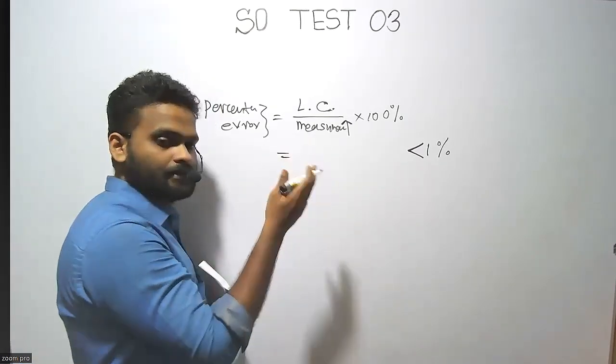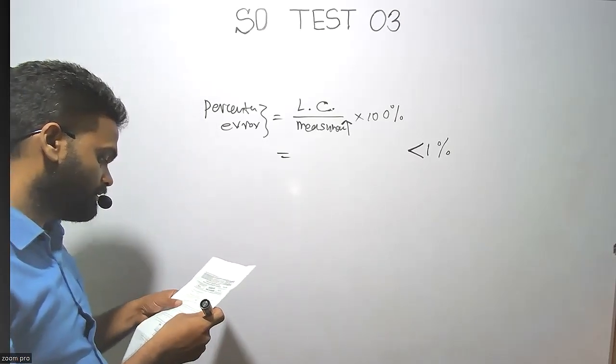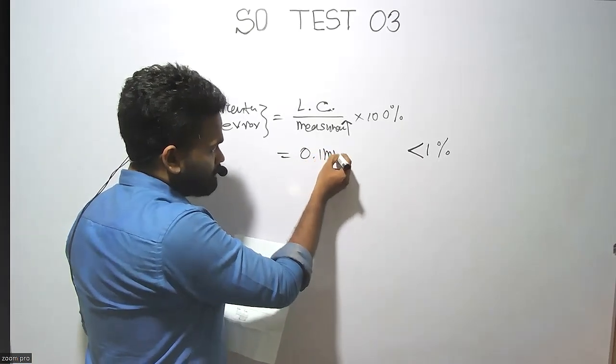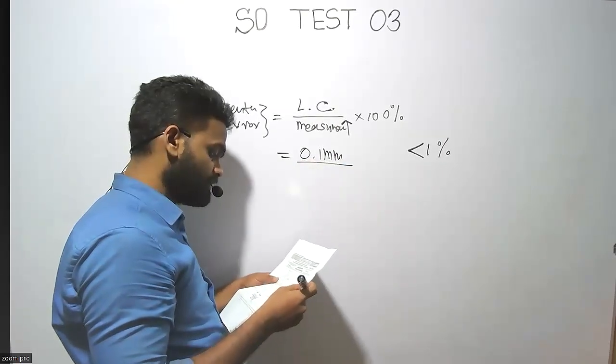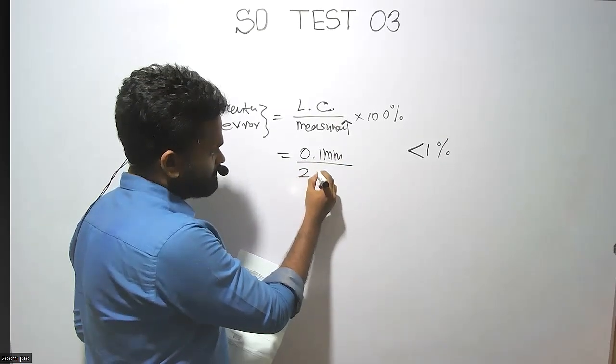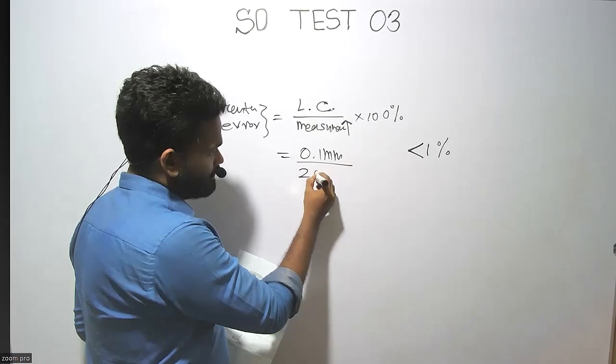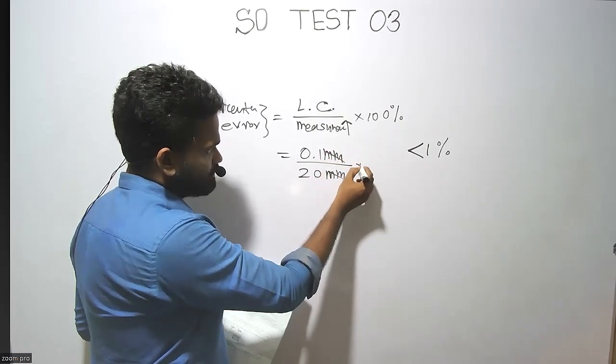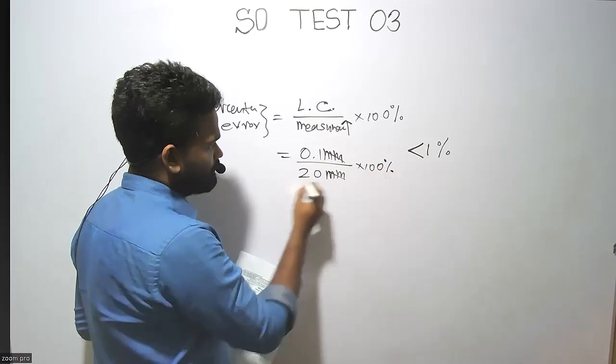Right. I will move on to the question now. So they say the least count is 0.1 millimeter. Measurement is 2 centimeters, meaning 20 millimeters, should be the same units. So millimeters cancel off.